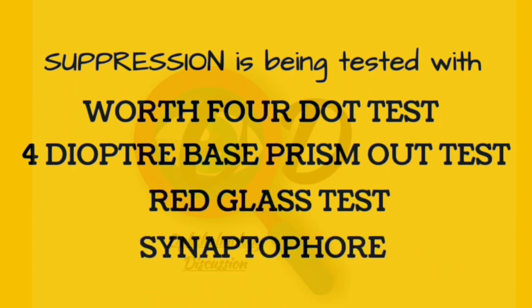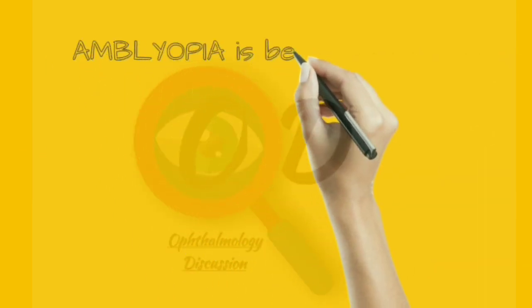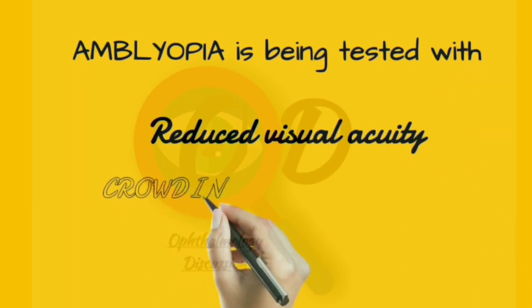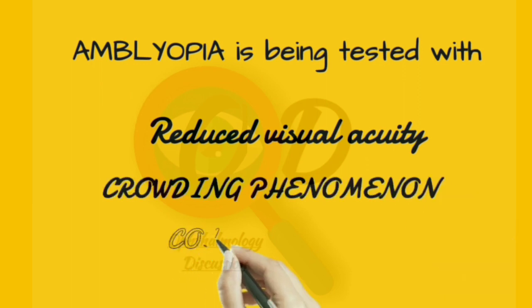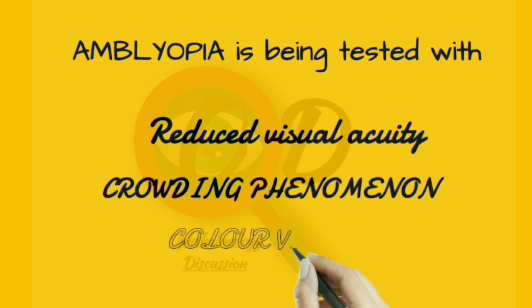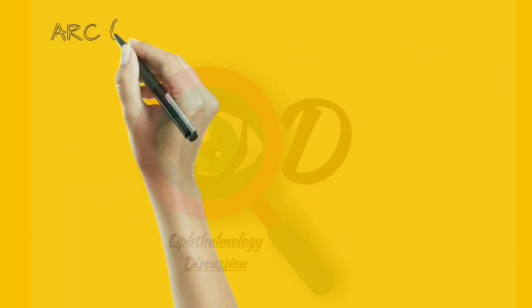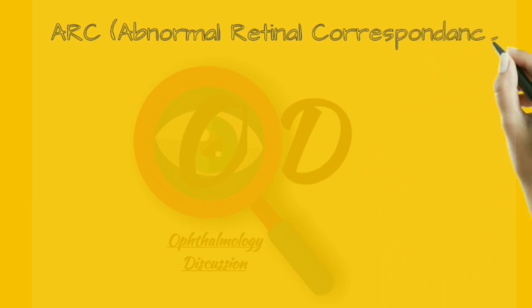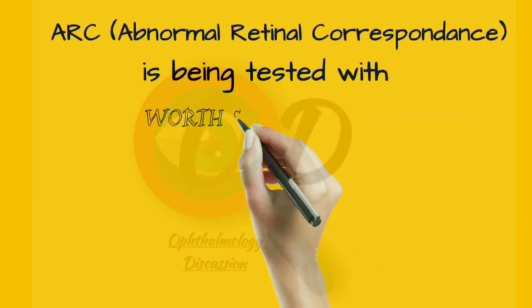Amblyopia is tested by the reduced visual acuity test, the crowding phenomenon, which judges visual acuity, and color vision. You will learn further about these. And abnormal retinal correspondence is tested with the Worth four dot test.